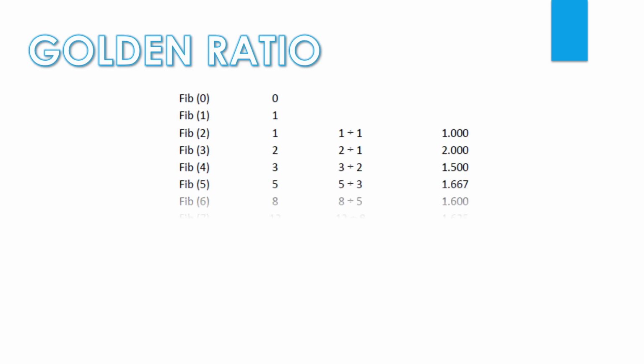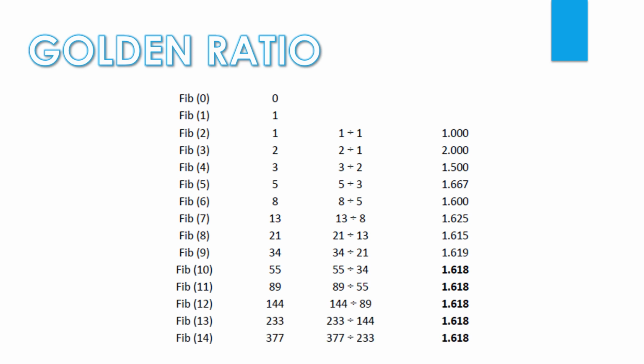Using the golden ratio. Pag sinabing ratio, ang operation involved here is division. So dididivide natin yung mga Fibonacci sequence. Let's start with this one. 1 divided by 0 is undefined. 1 divided by 1 is equal to 1. 2 divided by 1 is equal to 2. 3 divided by 2 is 1.5.